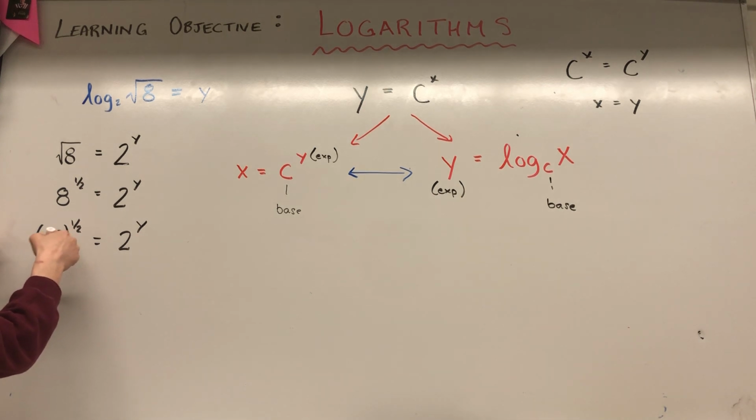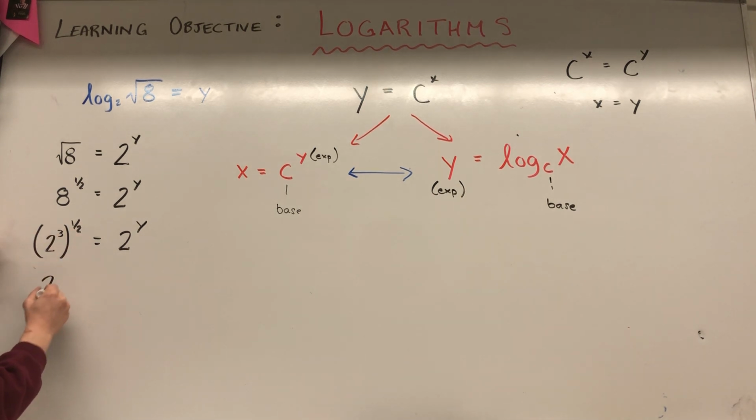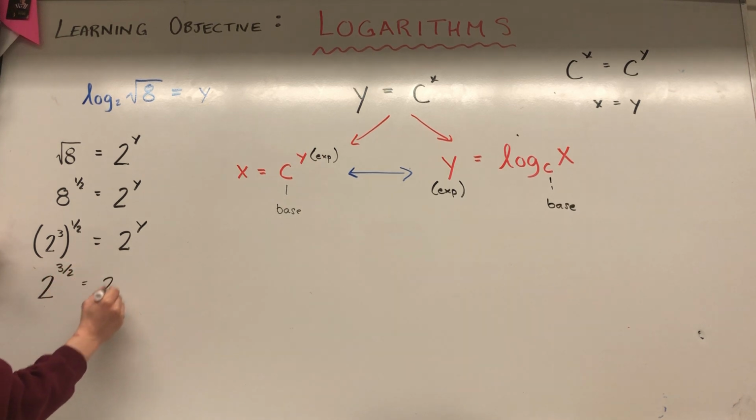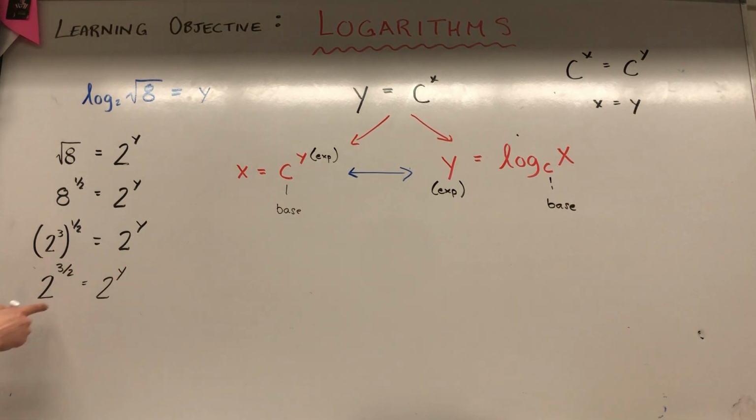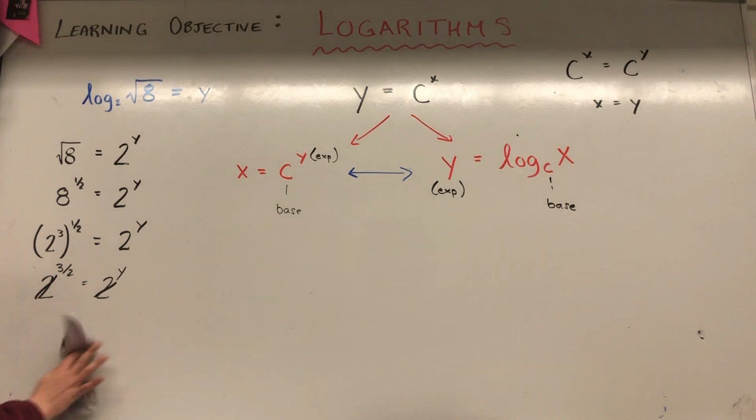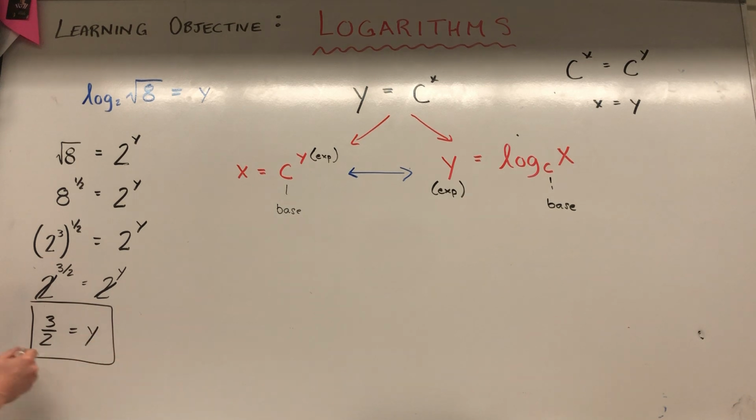I know that I have to multiply when they're like this, so I get 2 to the 3 over 2 is equal to 2 to the y. Now I have the same base, so I can write the exponents, 3/2 is equal to y. And I have solved for y.